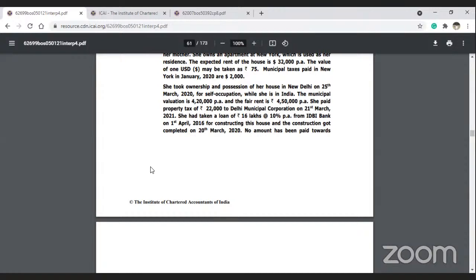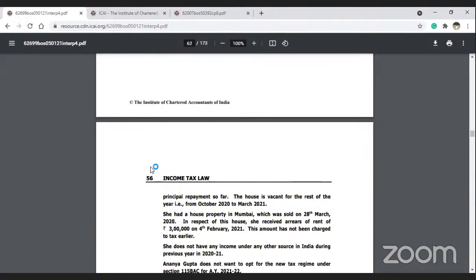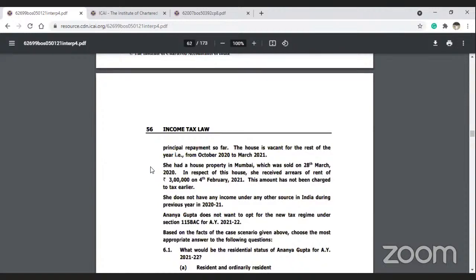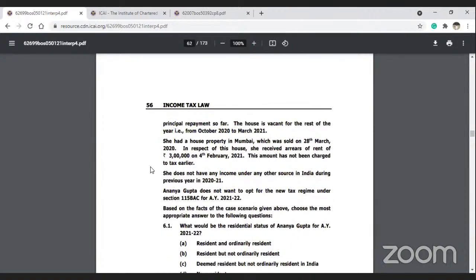She had taken a loan of 16 lakhs at the rate of 10% from IDBI Bank on 1st April 2016 for constructing this house, and construction got completed on 20th March 20. No amount has been paid towards principal repayment so far. The house is vacant for the rest of the year, that is October to March 21.